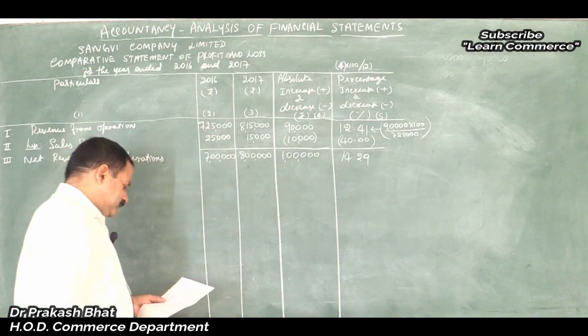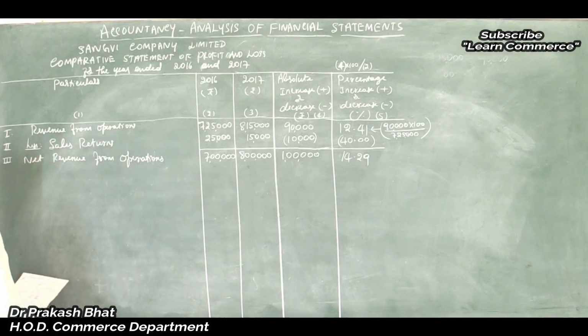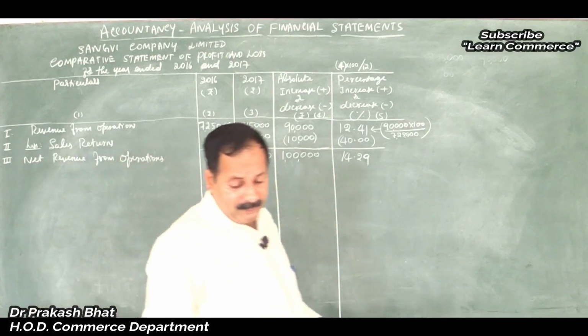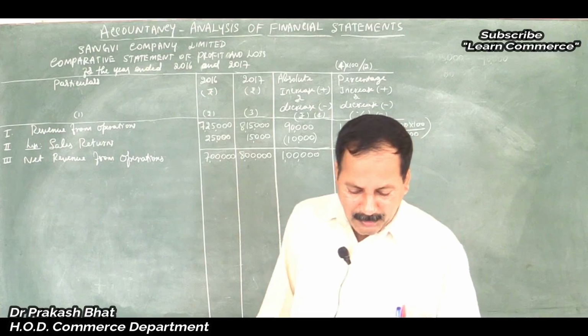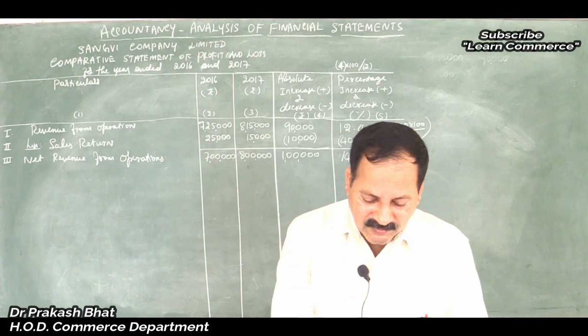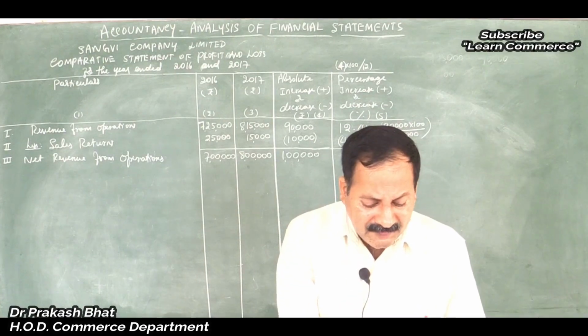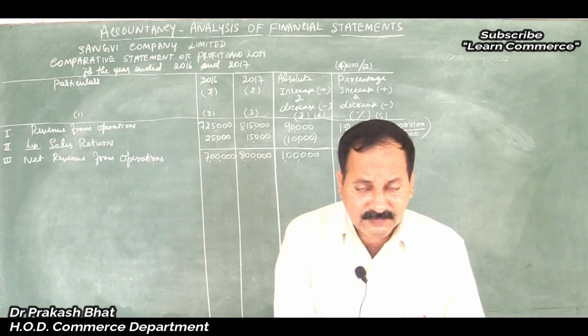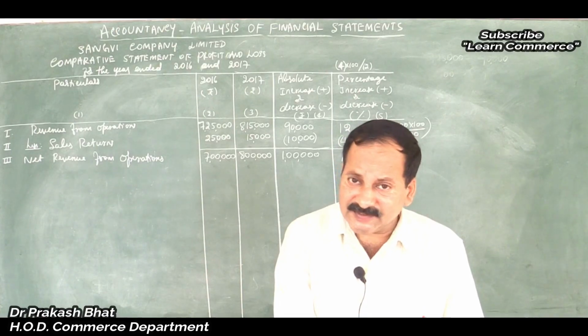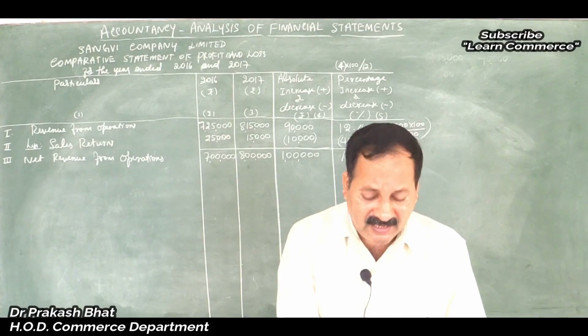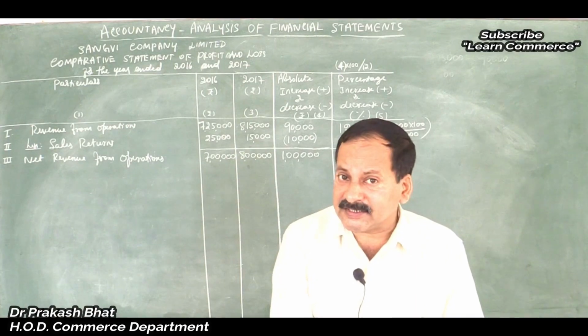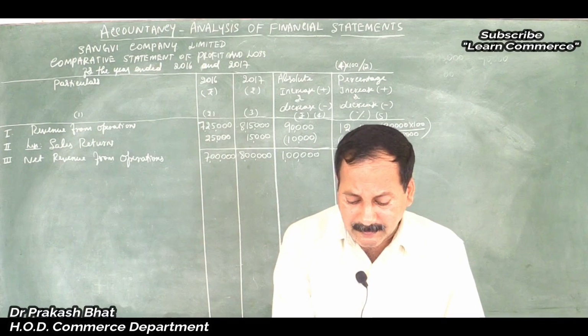Then, are there any other income? Yes, there is other income, but friends, there is a mistake in the problem. See, first one is okay, 7 lakh, add other income 1,200, so 7 lakh 1,200, it is correct in the problem. Refer the second part, 2017, 8 lakh, and other income is given as 1,200, and total is given as 8 lakh 8,000.